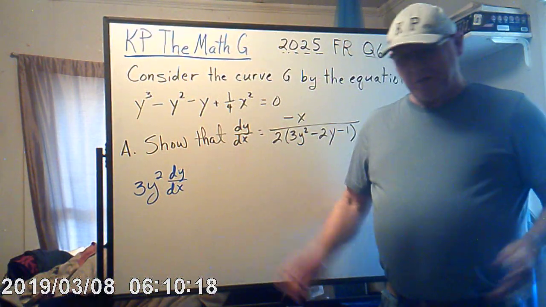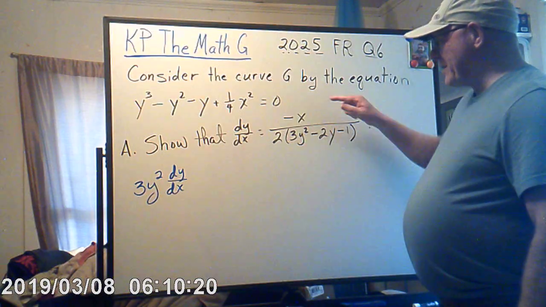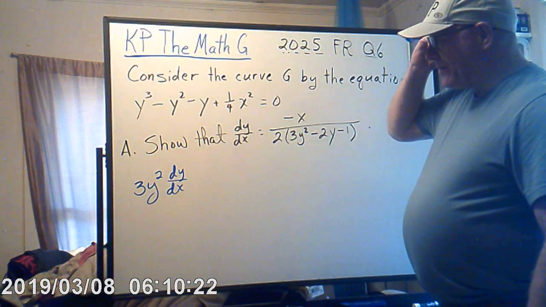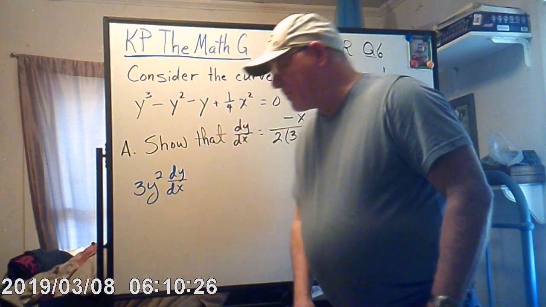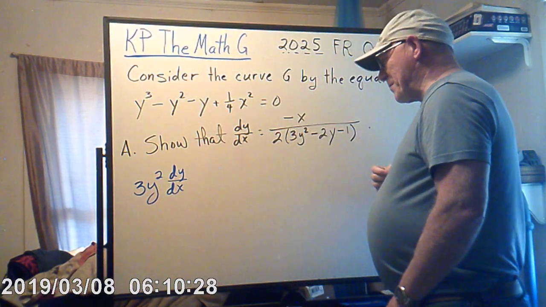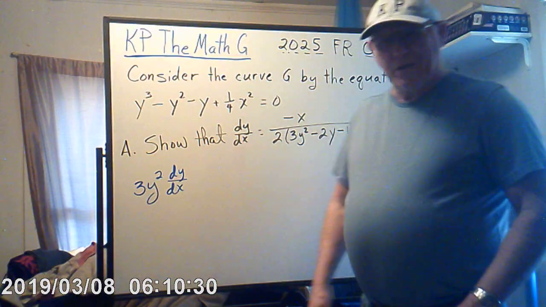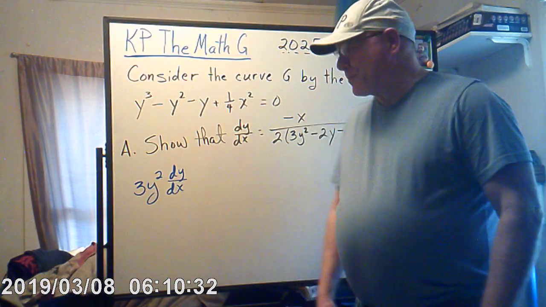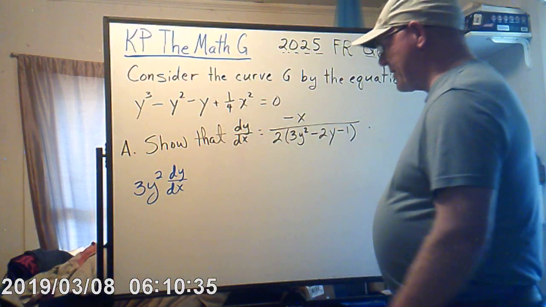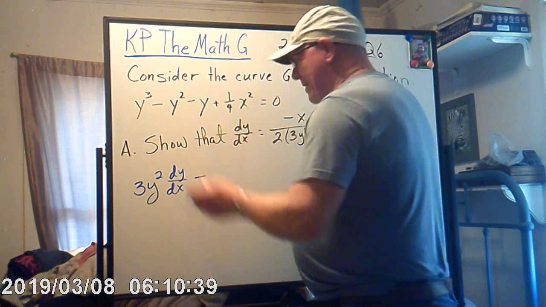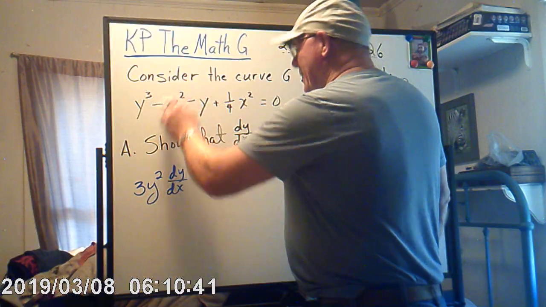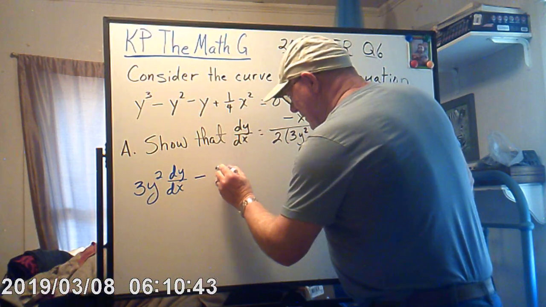Just do that, because anytime you have both x and y, I want to call that implicit differentiation. I think that's right. It's been a long time, and I can't remember the terms altogether, but anyway, just tag it on there.